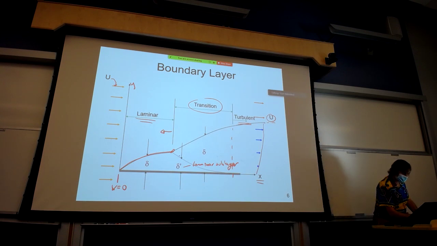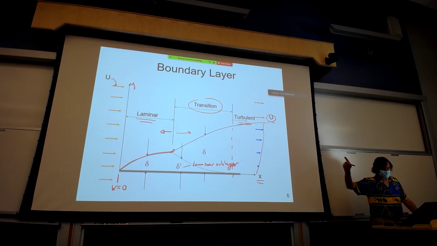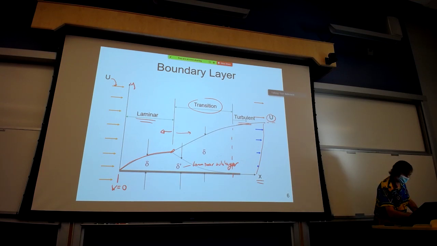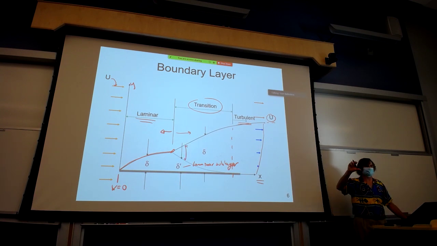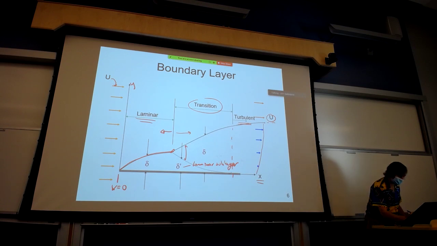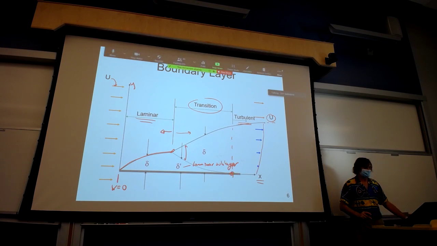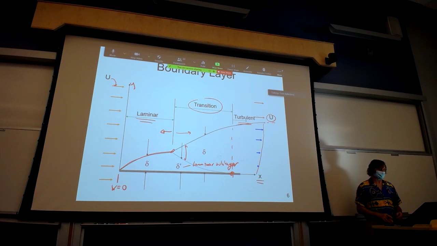And then what happens as you move through the transition region towards the turbulent region is this region of turbulence increases at the expense of the laminar sublayer. And ultimately, by the end of the transition region, that laminar sublayer has disappeared completely.